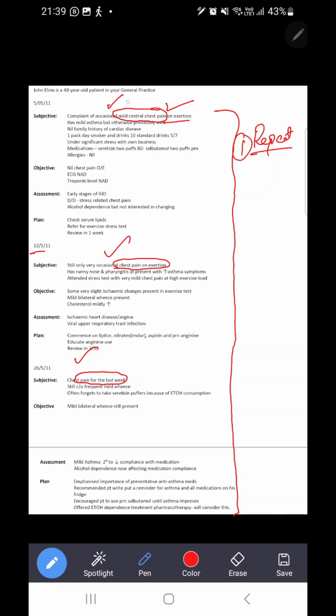So you can see that we have mild intensity central chest pain, number one. The second thing, the ongoing issue, is asthma. Initially it was mild in nature, but on the second visit it was increasing, so from mild to an increasing trend of asthma.